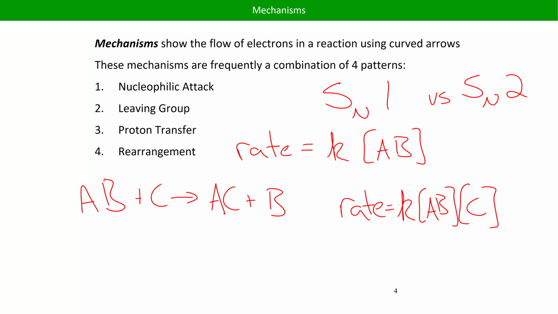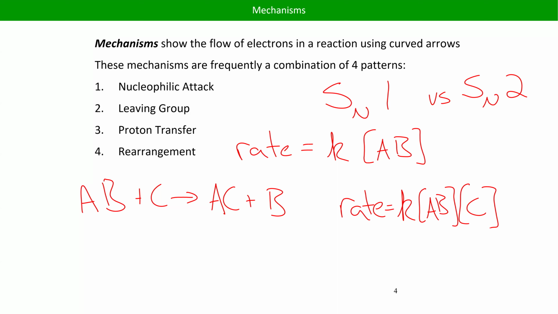So the difference between first order and second order is how many pieces are in the rate law. So if it's first order, it doesn't matter what your starting concentration of C is, because your slowest step only involves AB.